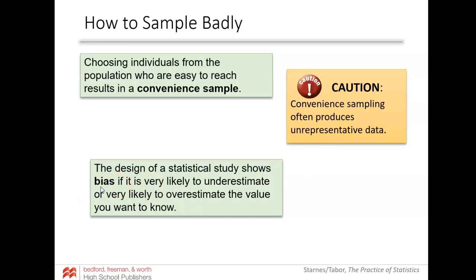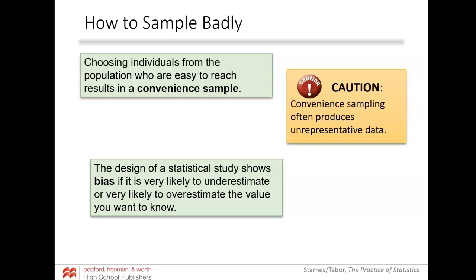So the design will show bias if it is very likely that you either underestimate or possibly overestimate some information because you have missed an entire part of the population. So, for instance, if I ask that same question, maybe I'm surveying everybody about their opinions of lunch, and I stand at the doorway right after school.